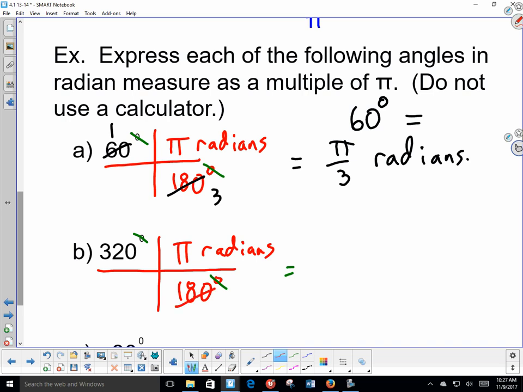Yeah. So 20 goes into 180 9 times, is that right? Yes. And 20 goes into 320, 16 times, does that sound right? So we end up with 16 pi over 9 radians. Are we okay with this? All right.